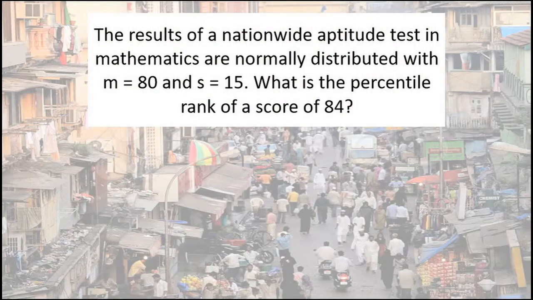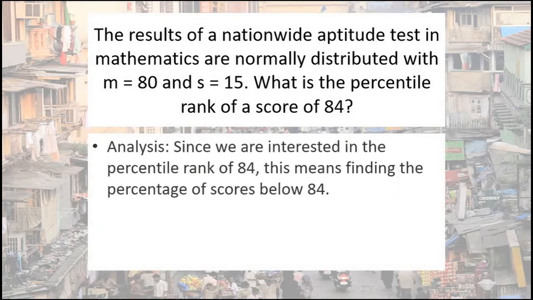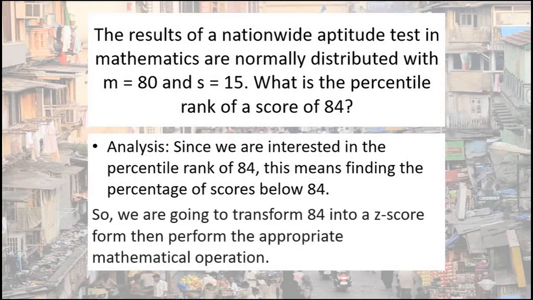The results of the nationwide aptitude test in mathematics are normally distributed with the mean of 80 and the standard deviation of 15. What is the percentile rank of a score of 84? So analysis. Since we are interested in the percentile rank of 84, this means finding the percentage of scores below 84.